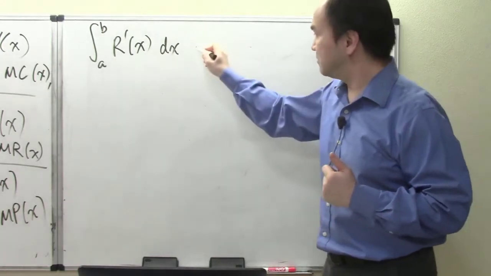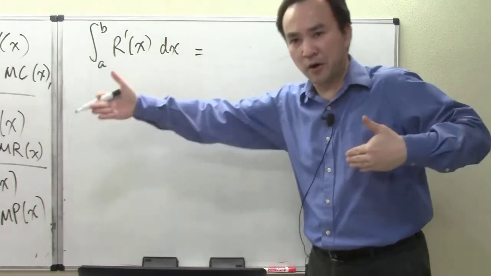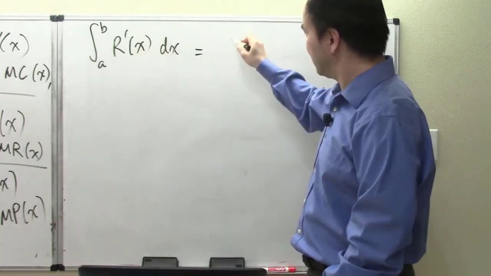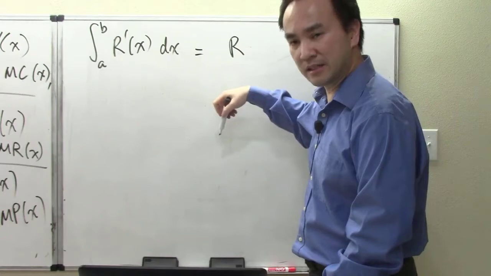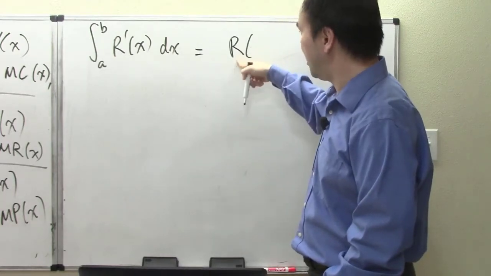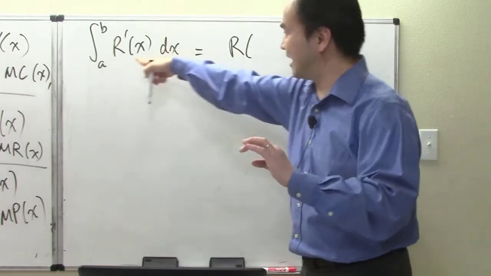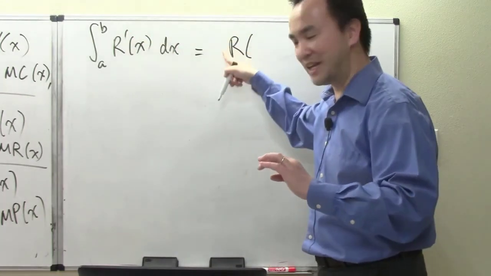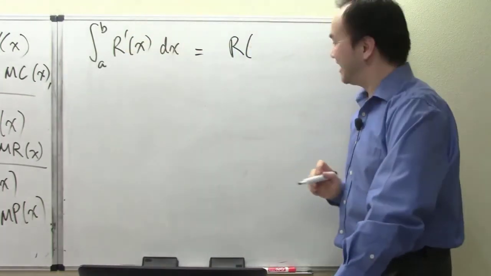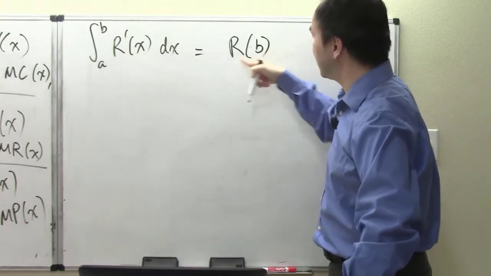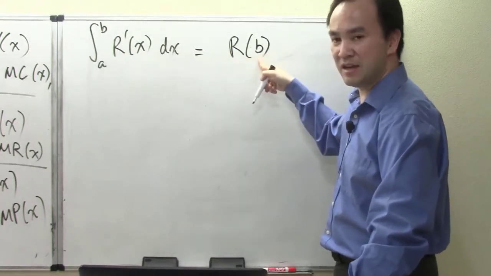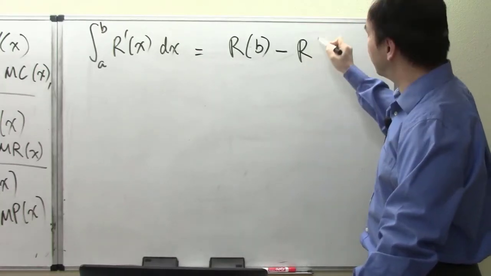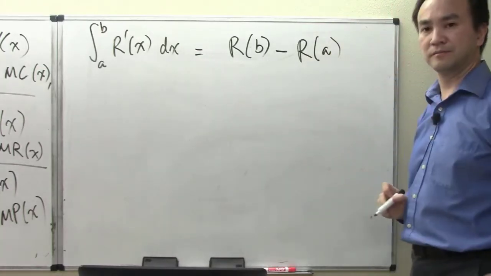And so, of course, as a straightforward explanation, the fundamental theorem of calculus says that the final answer will be simply R, the antiderivative version of this R prime. Because if this is R prime, R is going to be the antiderivative version of that. And then we're going to evaluate the antiderivative here at b, and then take the difference with the same value of the antiderivative but at a.